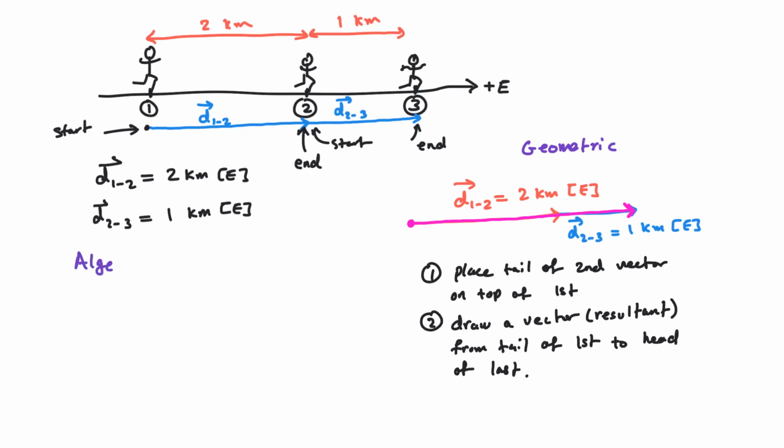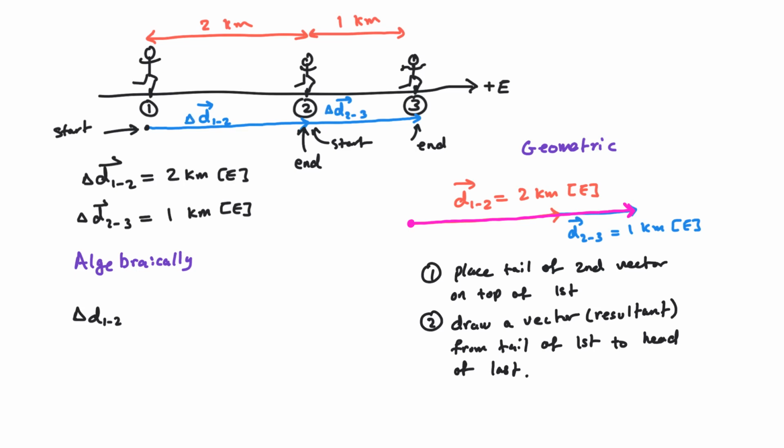Algebraically, when we want to add two vectors, if we have a vector, and here I'm using a little triangle. I should have been using a triangle everywhere. I'll tell you what that means later when we are doing the motion unit.